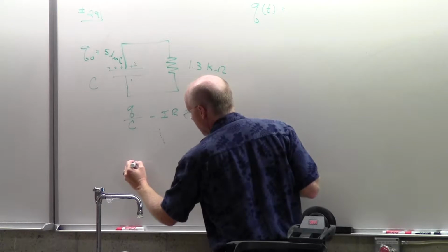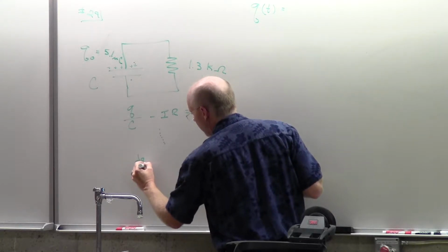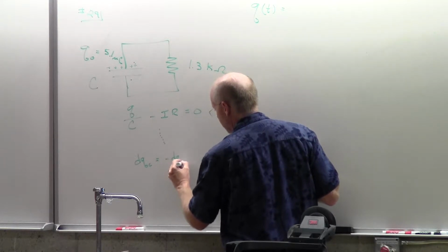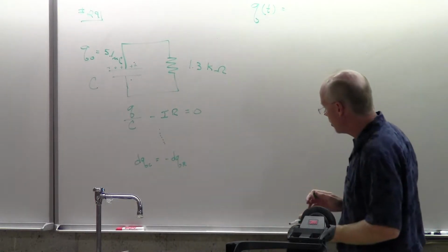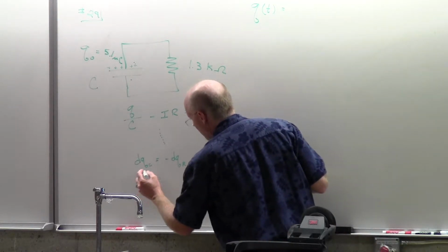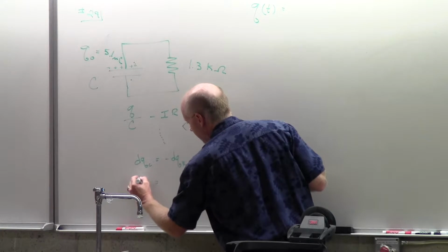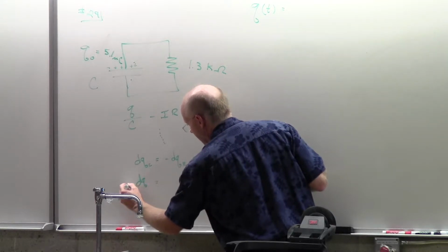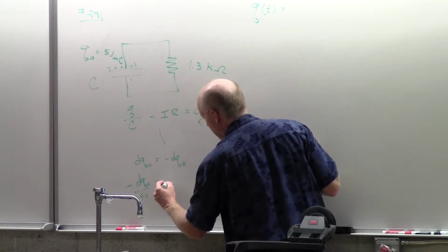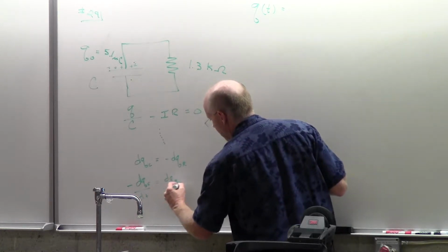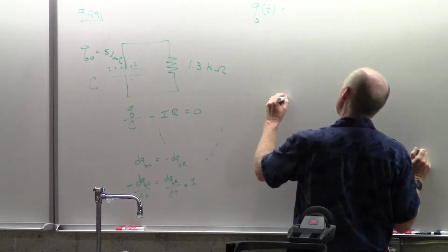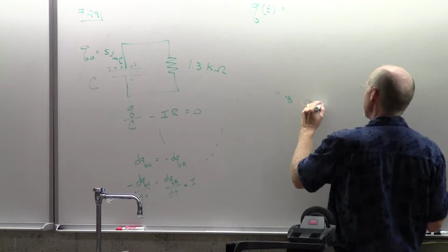We said the change in the charge on the capacitor would be equal but opposite to the change of the charge going through the resistor. So taking the negative of the derivative of the charge on the capacitor is actually the derivative of the charge through the resistor, which is the current, and so on. Do you remember what we got?